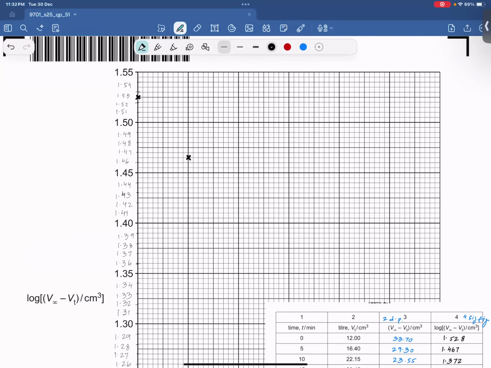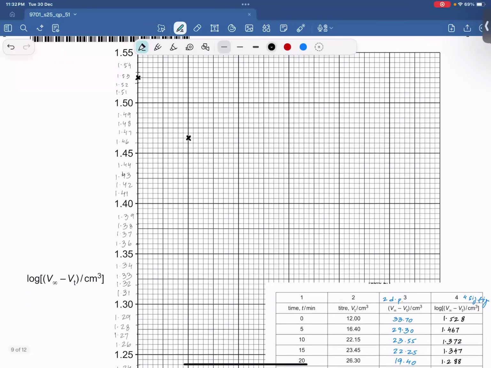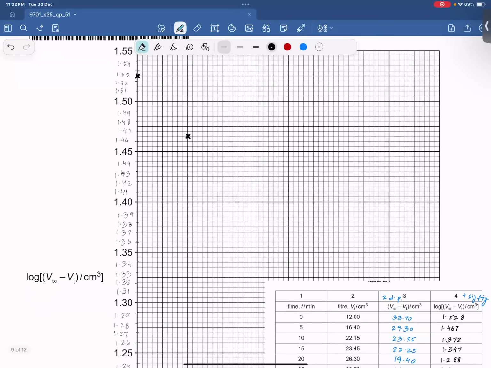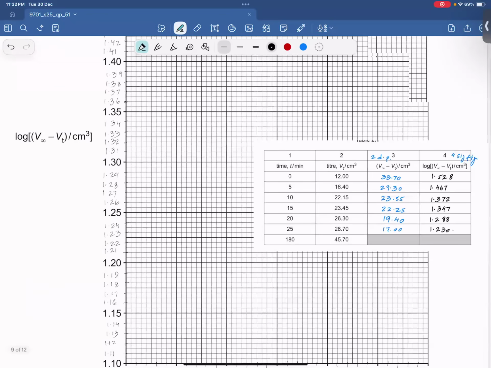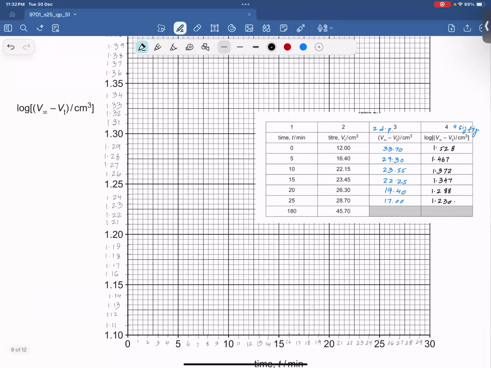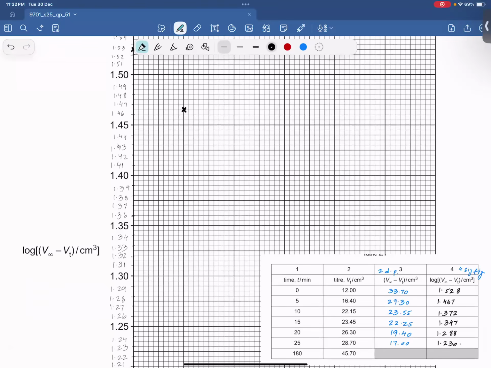Okay. Then at 10, 1.372. At 10, 1.372 here. Okay.